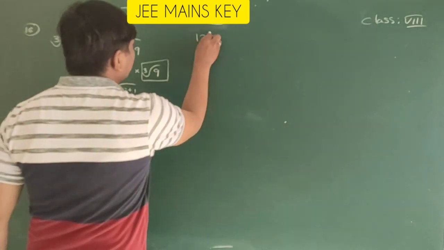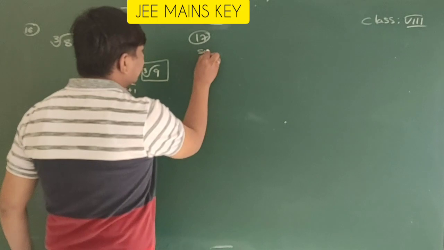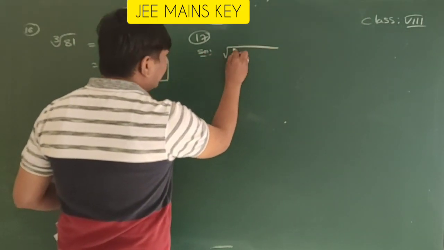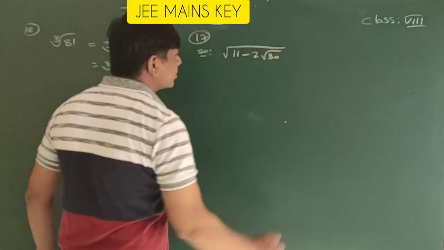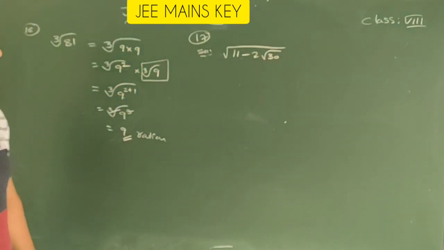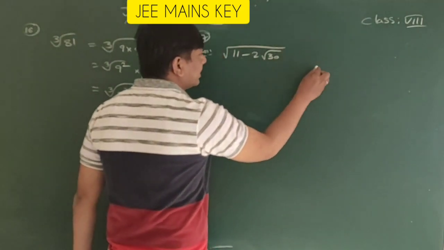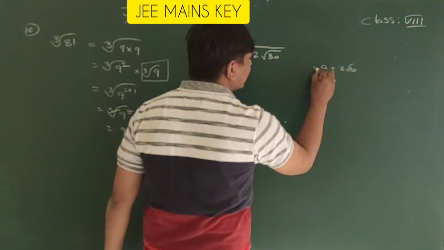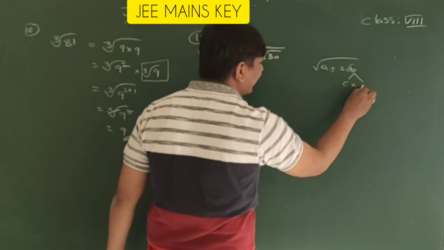And the 17th question: the positive square root of 11 minus 2 root 30. Already in the videos we discussed how to find the positive square root. When the term is in the form a plus or minus 2 root b, find the factors of b, c into d.